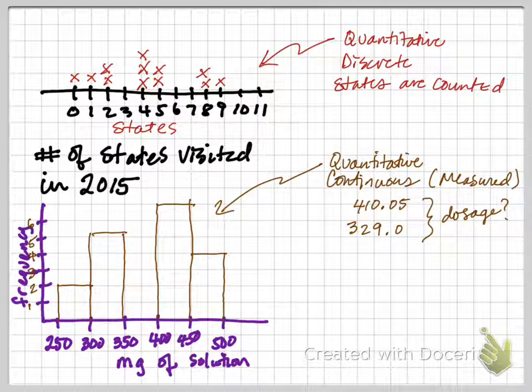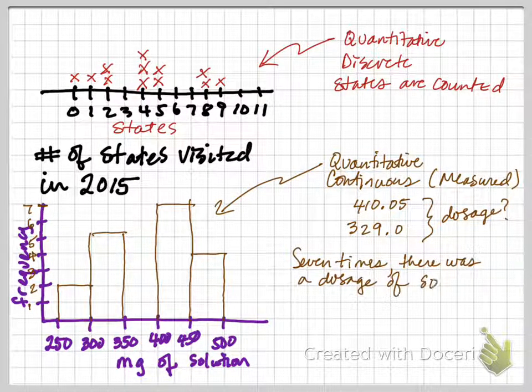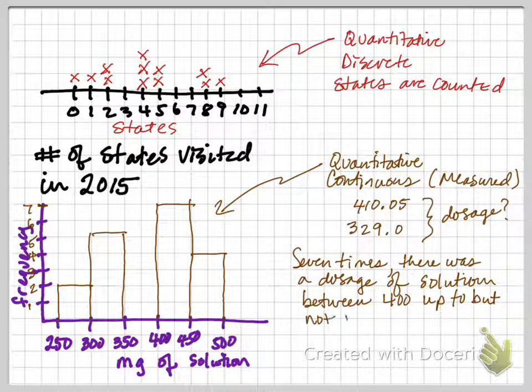So this is not a dot plot that you're looking at. This is what we call a histogram. A histogram is really good for continuous data, and there are other graphs as well. When we read this histogram, we can say something like, look at this tallest bar. 7 times there was a dosage of a solution somewhere between 400 and up to, but not including, 450 milligrams. So that's what's nice about using a histogram, it contains all of that measured data within that one bar.